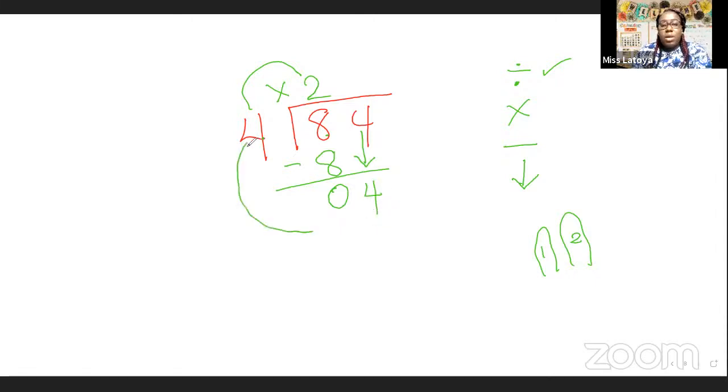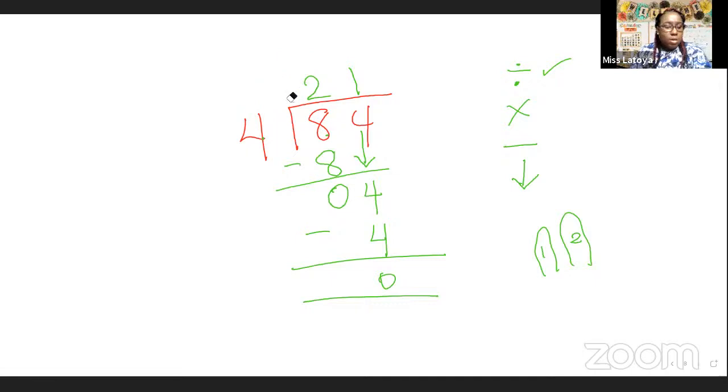We say 4 into 4 is 1. Then we multiply. 4 1s are 4. Okay, and now we subtract. 4 take away 4 is 0. So our answer is 21.